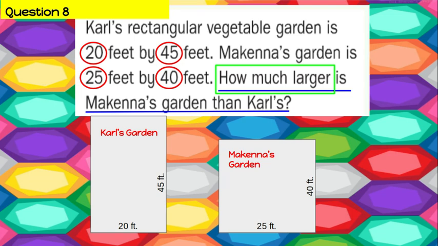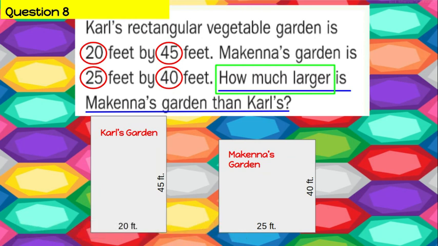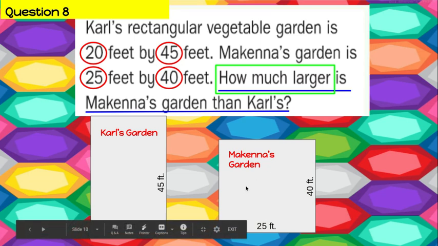But before we can do the subtracting, we have to multiply because they tell us the dimensions of the two gardens. Here's Carl's on the left and McKenna's on the right. What they don't tell us is the area. They want us to decide how much larger is McKenna's. So they're saying McKenna's is larger, how much larger?